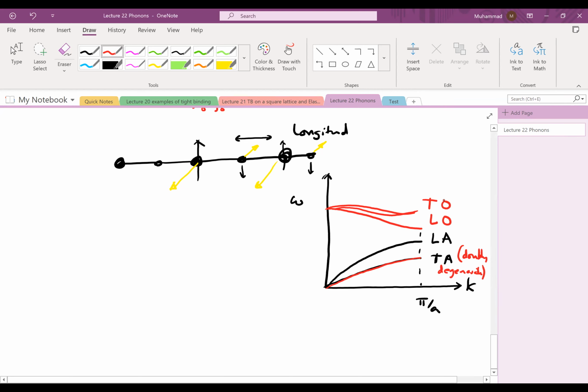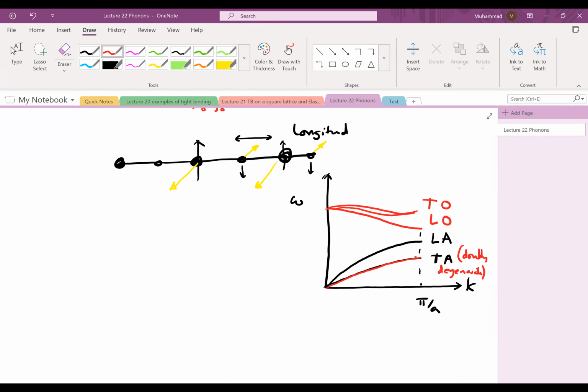And each one of these bands could be of the longitudinal kind or the transverse kind. And the dispersion relationships for the longitudinal and transverse don't generally overlap because the effective spring constants are going to be different inside these different kinds of oscillations.